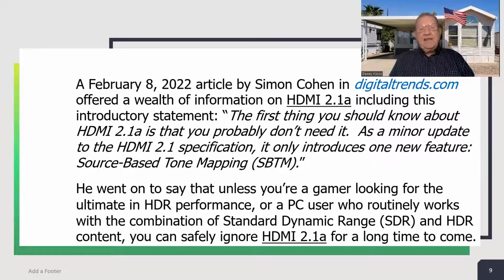He went on to say that unless you're a gamer looking for the ultimate in HDR performance, or a PC user who routinely works with a combination of standard dynamic range and high dynamic range content, you can safely ignore the HDMI 2.1a standard for a long time to come.